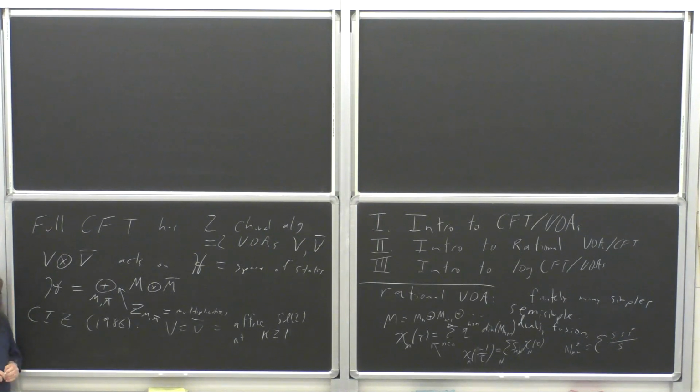They just found an empty list, right? What they found was an ADE classification. So the possible full CFTs corresponding to this choice of chiral algebras are naturally parametrized by the A Dynkin diagrams, paths with a bunch of nodes on them, the Ds, or the three E's.